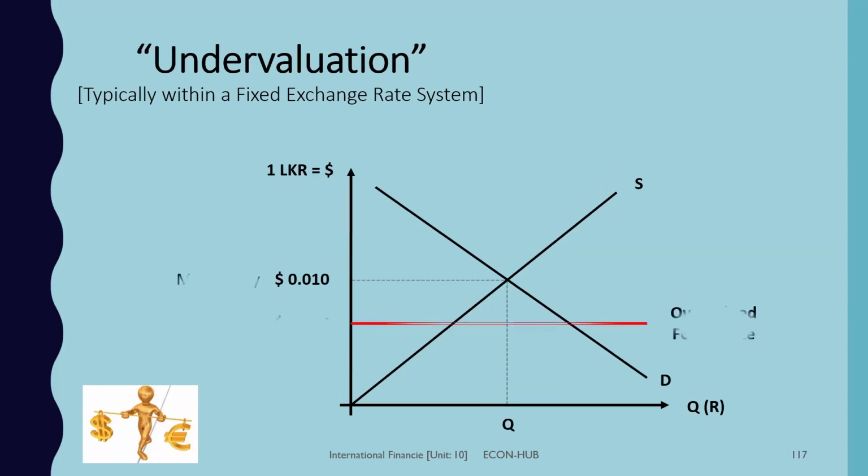The other method, the indirect quotation method: the market reality is that 1 Sri Lankan rupee is worth 0.10, but we keep it at 0.008, thereby undervaluing our exchange rate. Here the terminology is wrong.